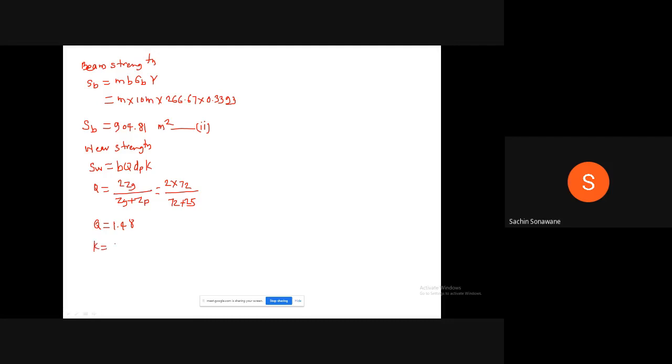Now calculate the value of K. K is equal to, what is our formula? K formula 0.16 into BHN divided by 100 bracket square. Therefore, substitute the values. 0.16 into, what is the value of BHN? 500. They have given us 500 divided by 100 bracket square.